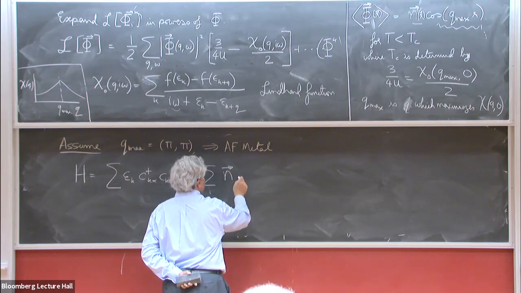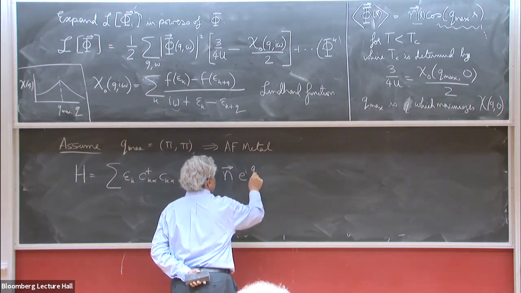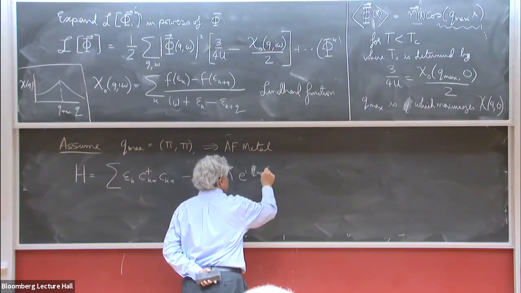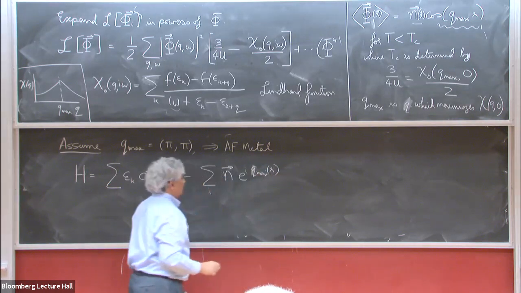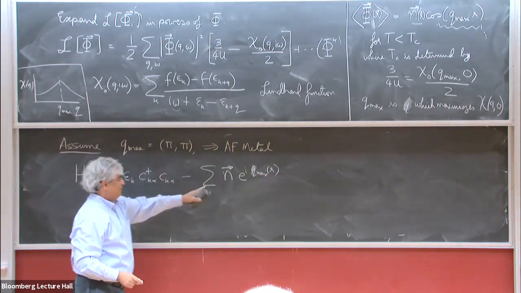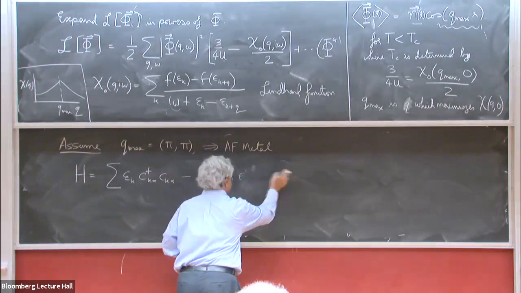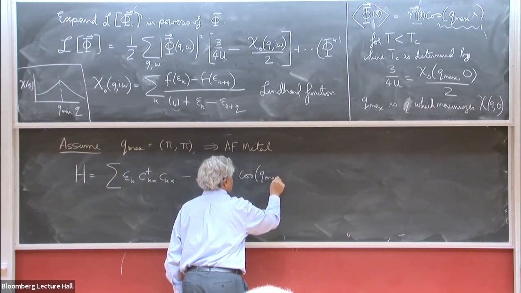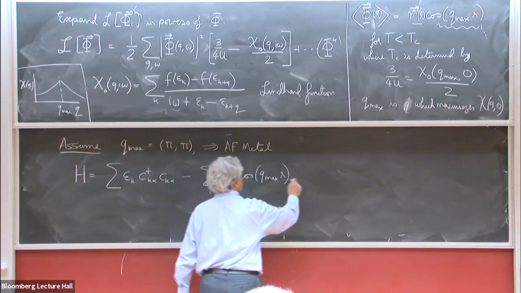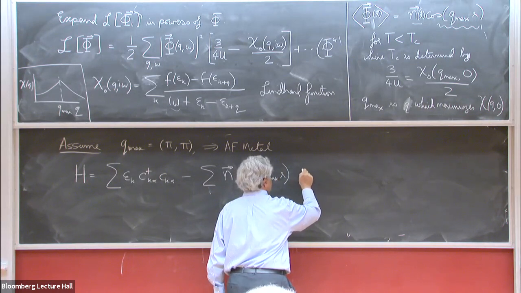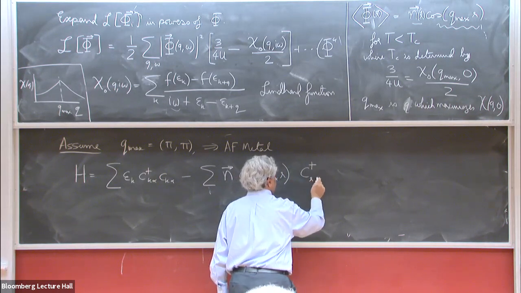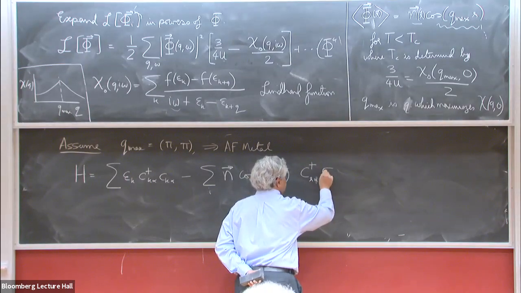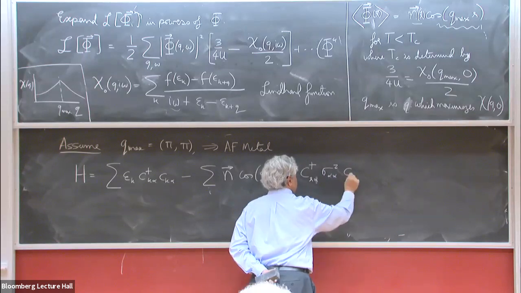So the n times e to the i Q_max dot r, because e to the i pi is -1, so I ignore that. Well, okay, let's make it cosine of Q_max dot r, times c dagger_r, and let's say it's only in the z direction, sigma^z_alpha alpha, c_r.